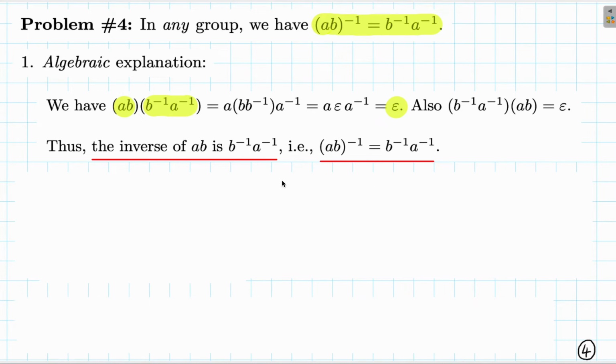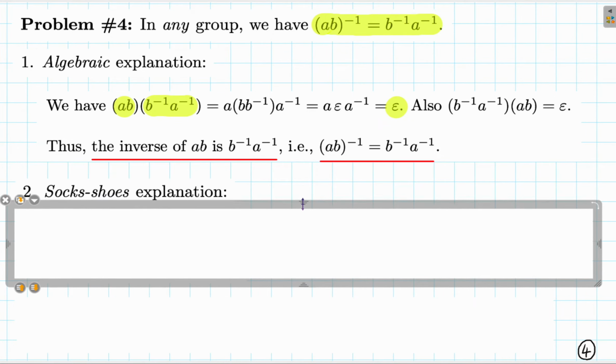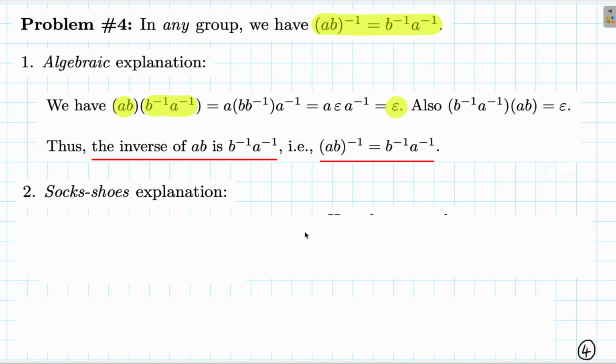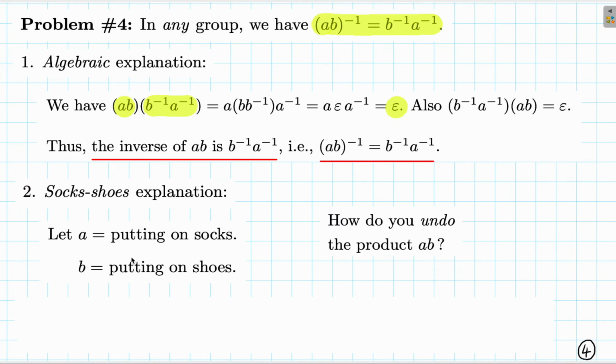Now, a little more conceptual explanation, if you will, is what we call the socks-shoes explanation. So think of A as the act of putting on socks, and then think of B as the act of putting on shoes. We're trying to compute AB inverse. So that means we are undoing the product AB.